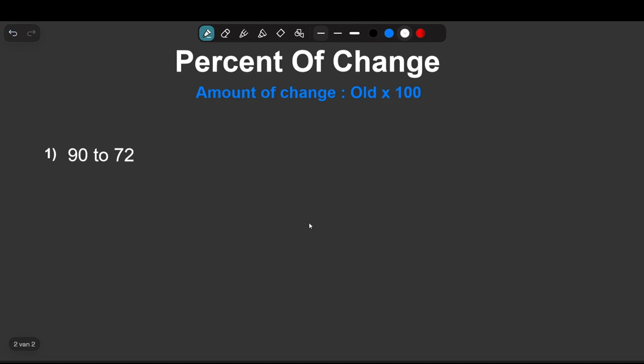So now we're going to find the amount of change by doing the new number minus the old number. So we know that our old number was 90 and it decreased to 72. So we have to do 72 minus 90. And this will get us negative 18.